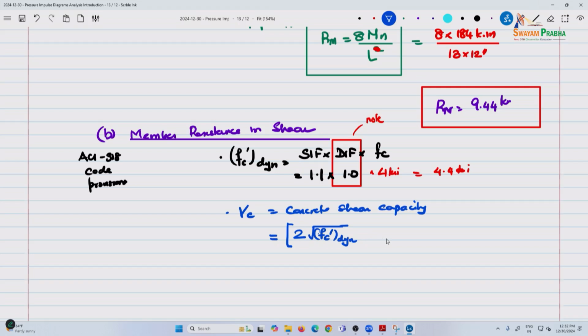You probably get another 20-30% more if you include the shear due to the other actions, but let's keep it simple. Width multiplied by the depth. So 2 square root of 4,400, this should be in psi, that's one of the requirements.